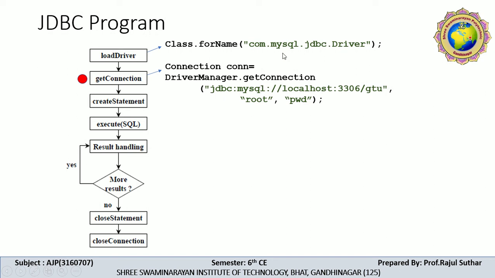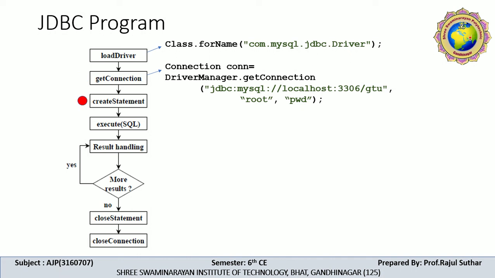Here we are using MySQL. 3306 is the port number. Localhost colon port number slash GTU. And we require the username. The username is root, and by default the password is pwd. So this is the get connection.